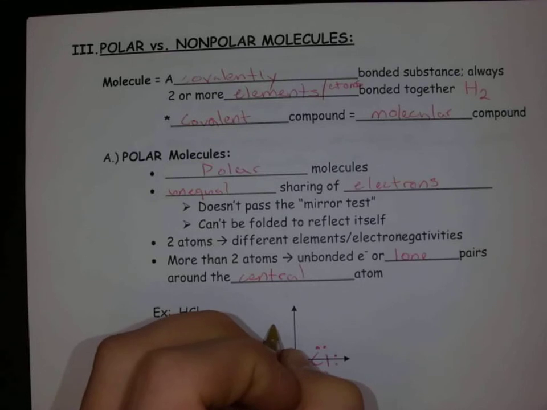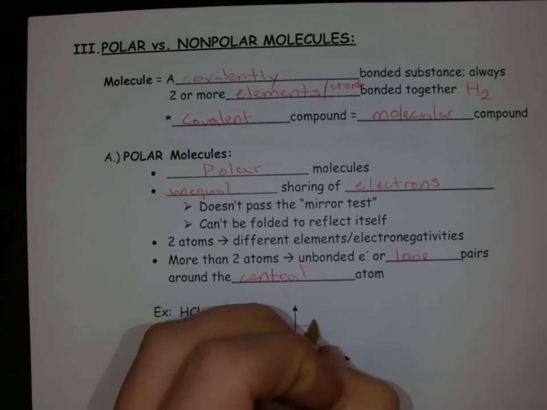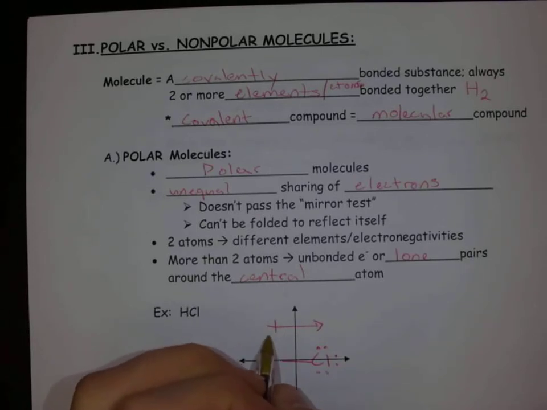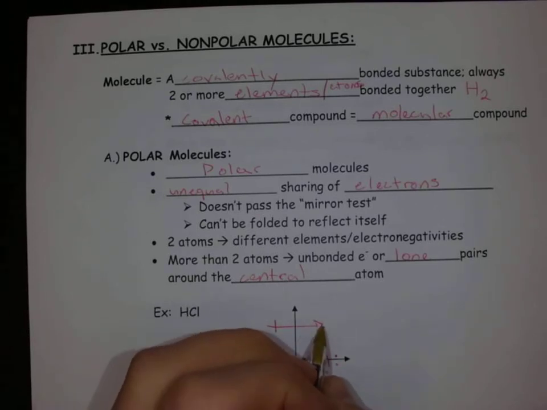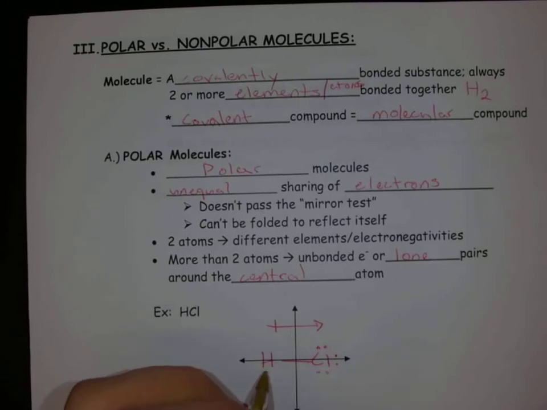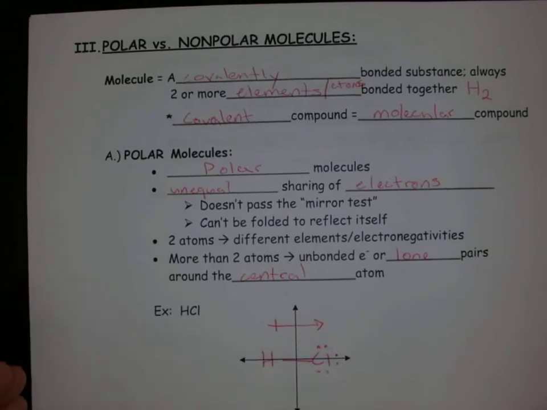So we're going to have a dipole, and we draw this dipole arrow. The positive end is going to point towards our negative end. Chlorine is more electronegative than hydrogen, so the electrons get pulled over towards chlorine. We have more electron density over on chlorine.